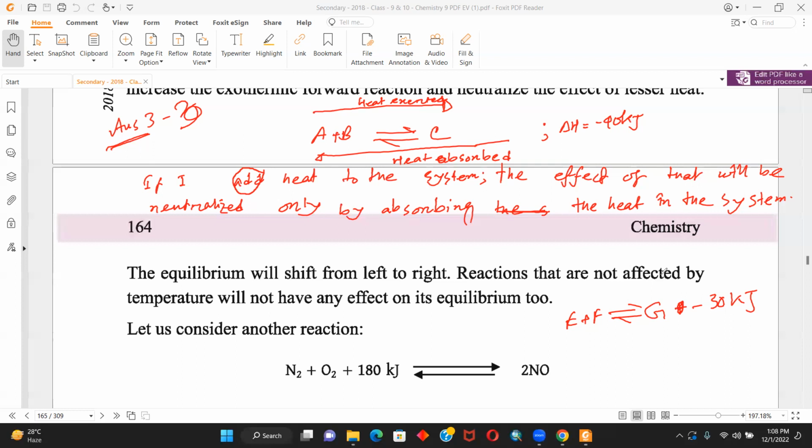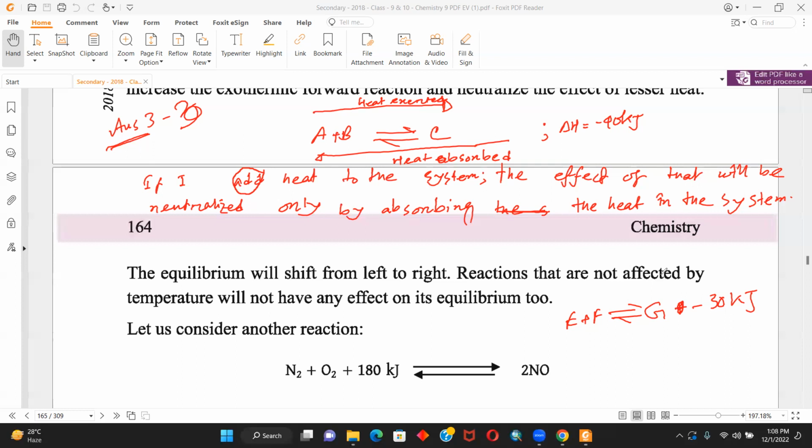Now, if I reverse the question, so if I want to absorb some heat, I have already said that if I add heat to the system, then it will go in some direction. If I say that I want to absorb heat from the system, what will happen then? Think about it.